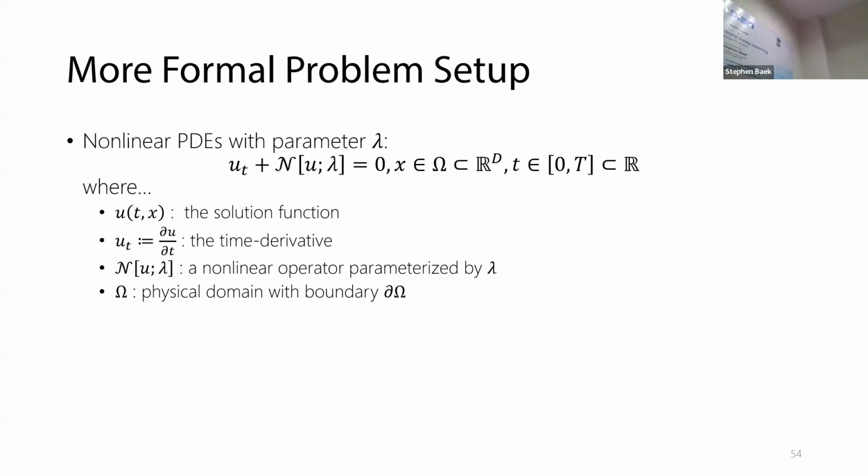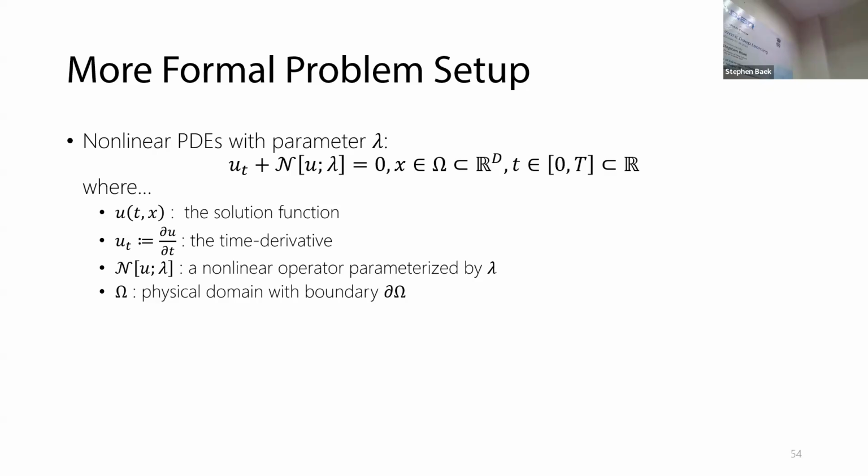And that rate of evolution is defined by some differential operator N, okay, that takes the physical quantity u and spits out some other function. So an operator is kind of a function of functions. An operator takes a function as an input and then will spit out another function as an output.